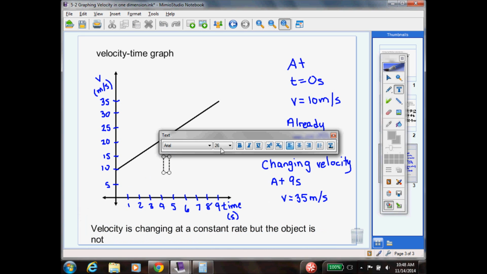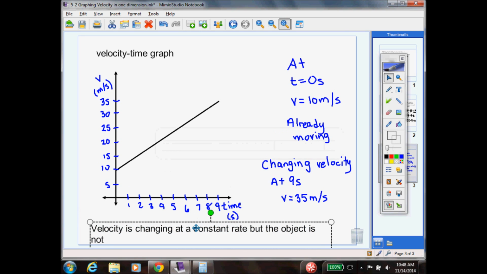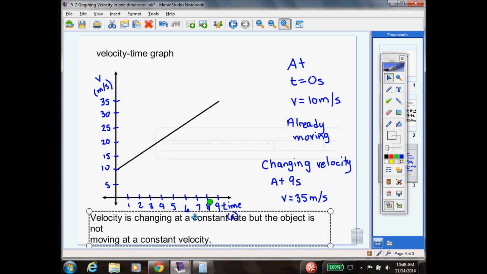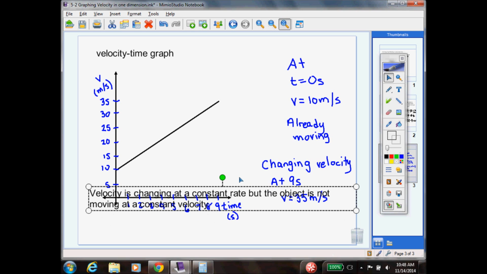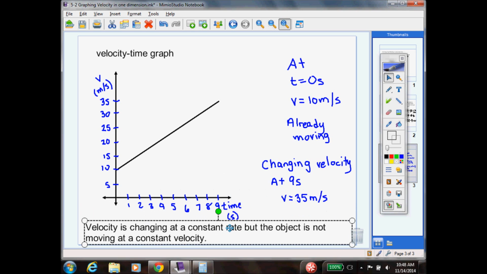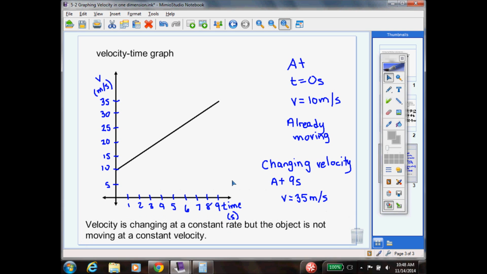That's an important thing because sometimes people with the English get those ideas mixed around. The velocity is changing at a constant rate. That's what we mean by a straight line. But the object is not actually moving at a constant velocity. So each second it's not going the same distance.